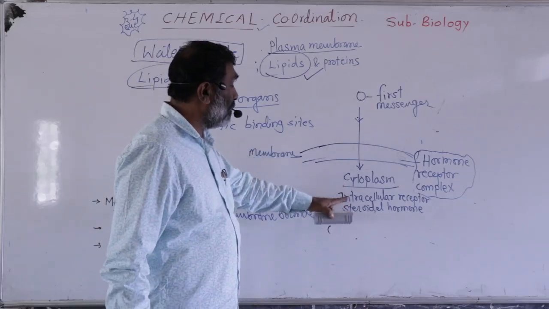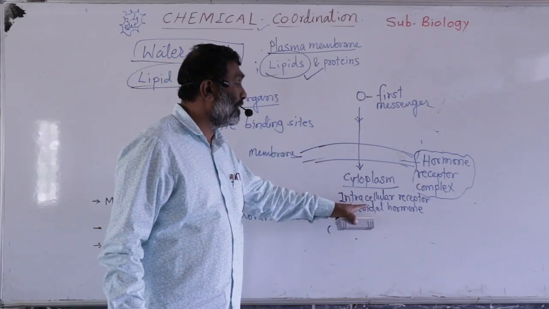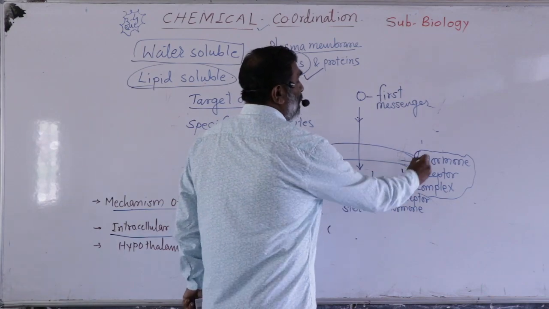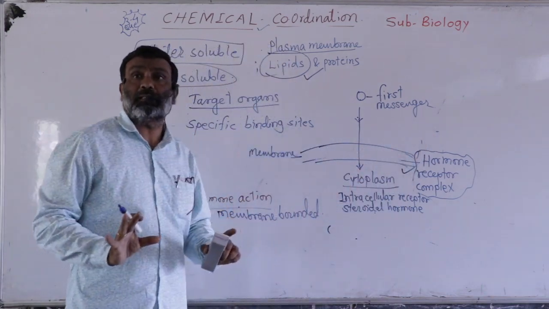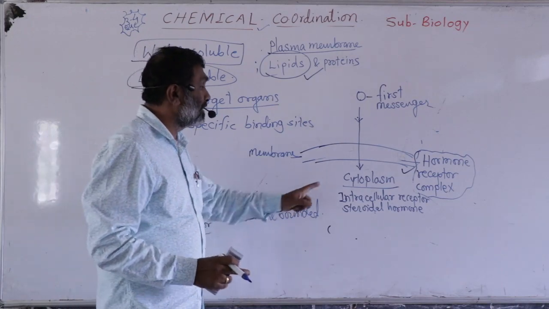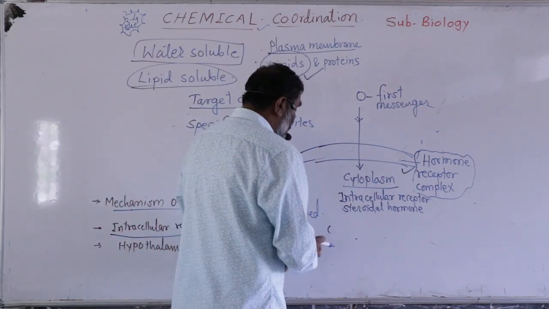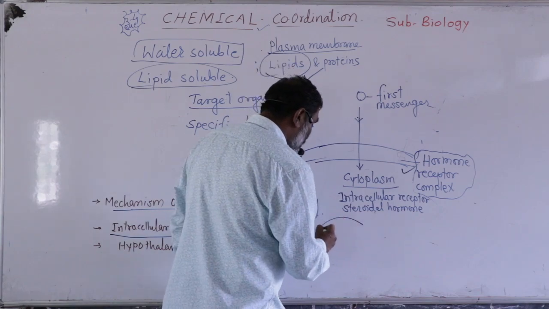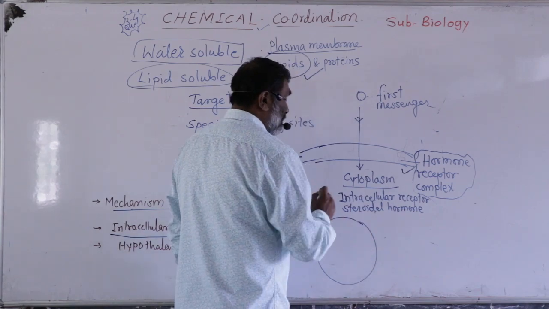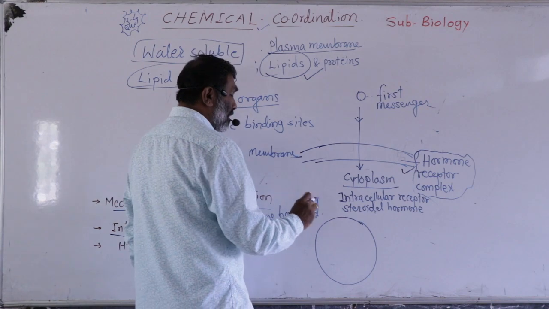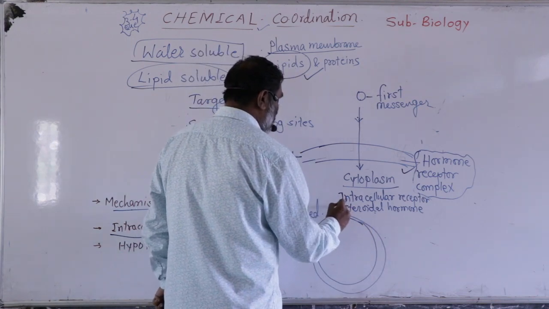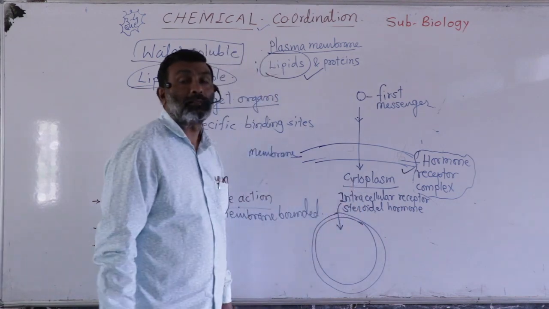When they come in, they combine with the intracellular receptor. Again, the same thing happens: a hormone receptor complex is formed inside the cytoplasm, but it does not remain there. It remains in the cytoplasm for a certain time. After that, it comes inside the nucleus.